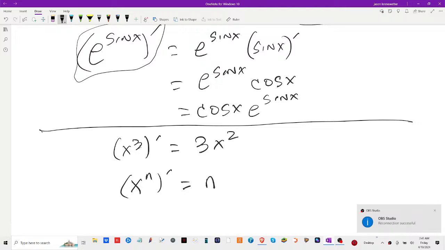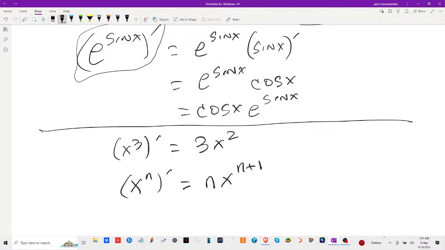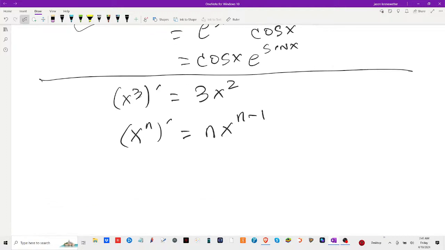The derivative of x to the n would be n times x to the n minus 1. Okay, well, we're in the business of doing antiderivatives, not derivatives right now, and so it's a good opportunity to really see what the antiderivative is.